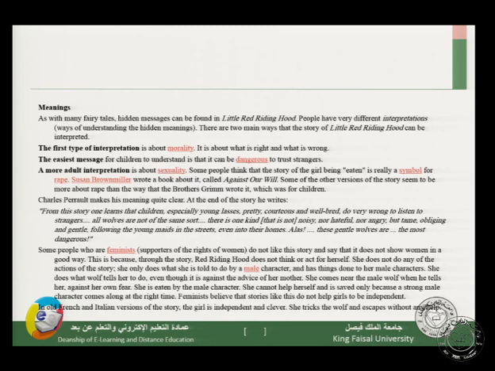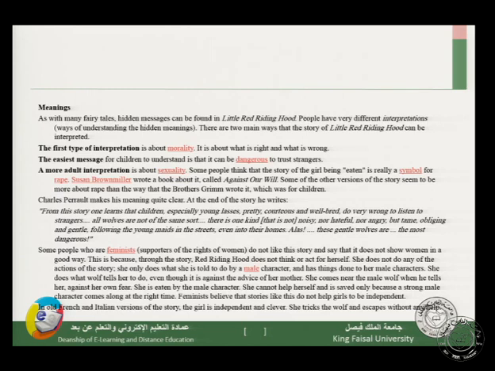The first type of interpretation is about morality, the moral lessons we have just talked about, repeating almost the same ideas but in a different way. The easiest message for children to understand is that it can be dangerous to trust strangers.